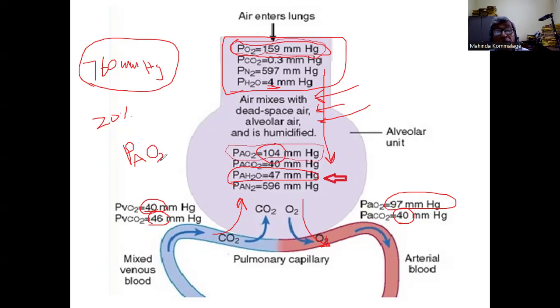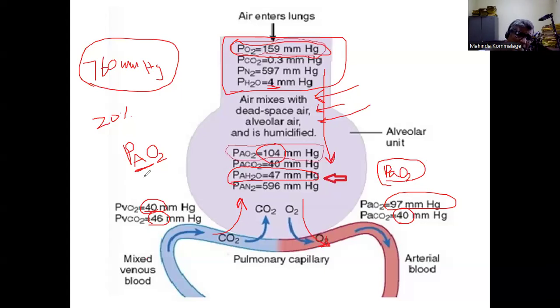When we use capital A, that means alveoli. Here you can see P simple A O2. When we use simple A, that means the arterial partial pressure of oxygen. Capital A means alveolar partial pressure.